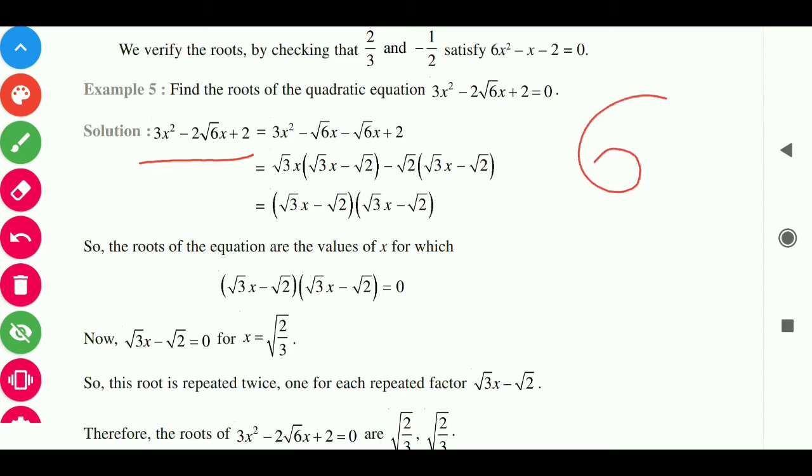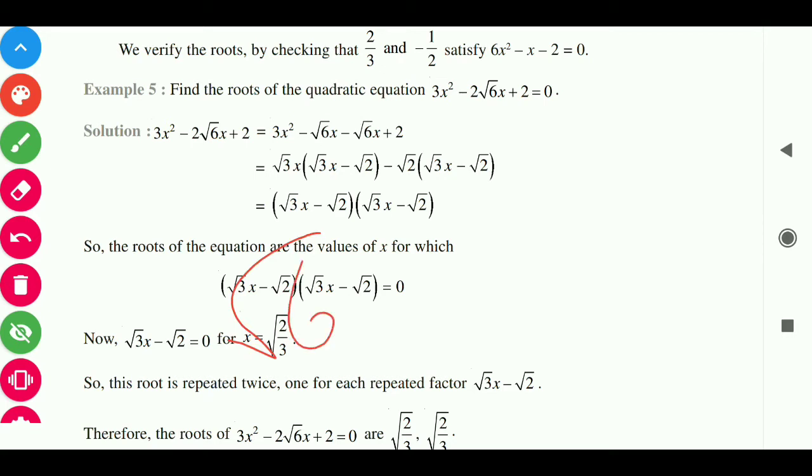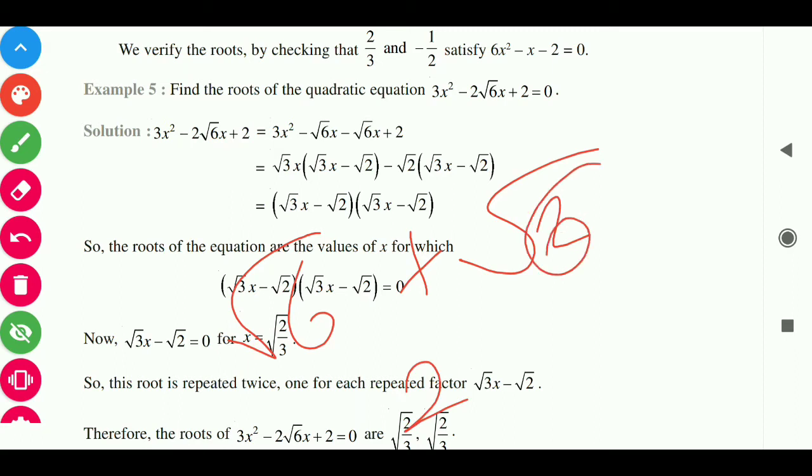Now since we have minus root 6 minus root 6 in the factor, we know that root 6 into root 6 equals to 6. Now if we add root 6 with root 6, we will have 2 root 6.